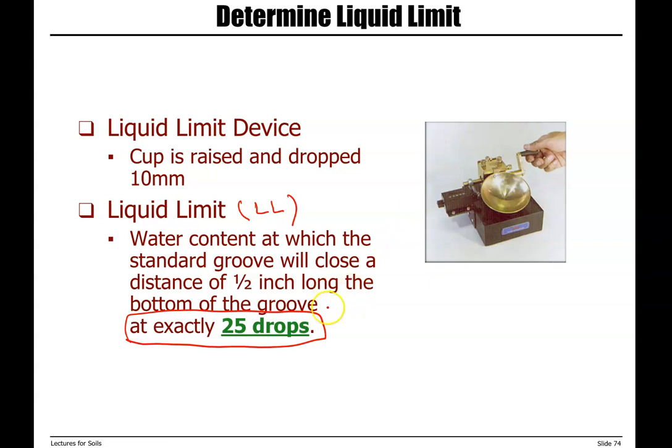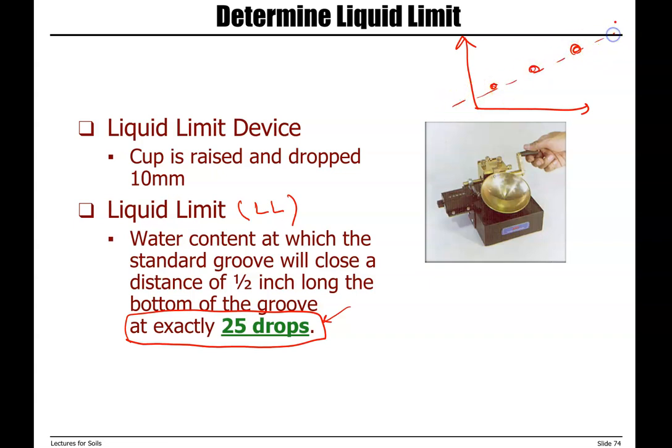But we don't know how to do that. We don't know how much moisture we can add so that we exactly get the 13 millimeters closure with exactly 25 drops. So what do we do instead? We repeat the test 3 times. We have 3 data points.